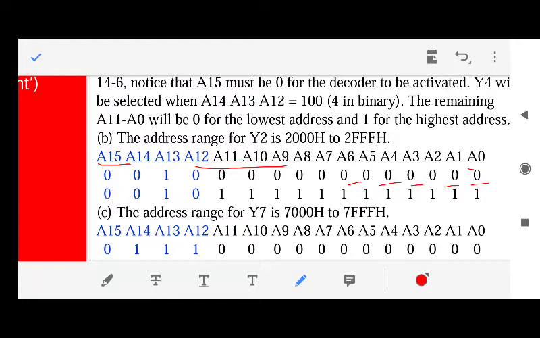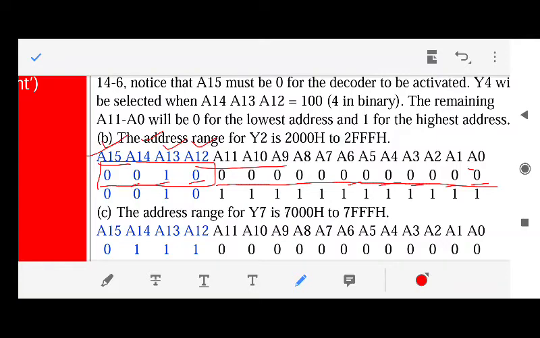To remain active, the A12, A13 and A14 pins should be 010, and A15 should also be 0. So this is fixed, it is colored blue. That means it should be 0010, and all remaining pins can be 0.